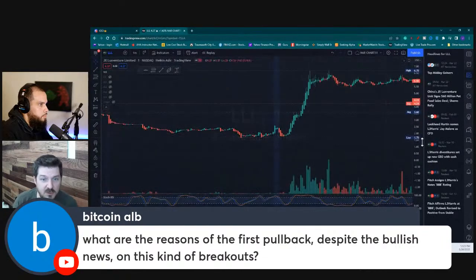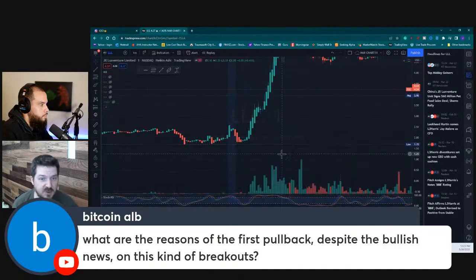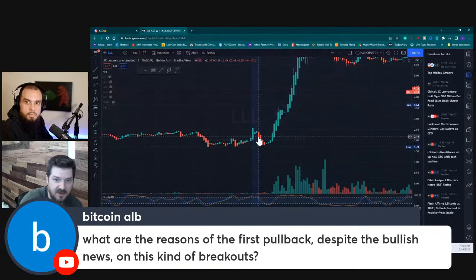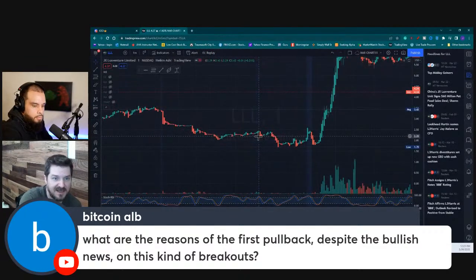Usually the reason why you will see so much pullback is because of everything before that spike. These are people that have been bag holding this stock for days, months, even potentially years. So you are definitely going to see some people go, well, that's enough for me. I've been holding this for way too long. Let me go ahead and exit. But as momentum traders, we go, well, there's more meat on the bone here.